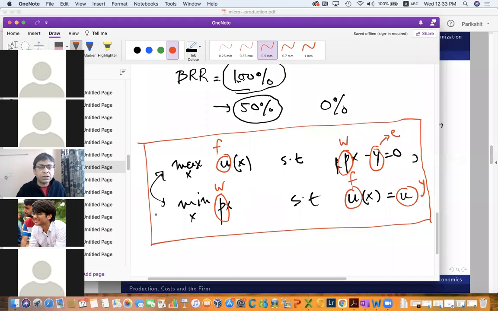Now, what is the dual of this? The dual of this, in the consumer's case, was the utility maximization problem. Here, just by using the new labels, we get the dual of this is maximize output subject to a given expenditure outlay of the firm. The dual of this is not the cost. I got it, sir.